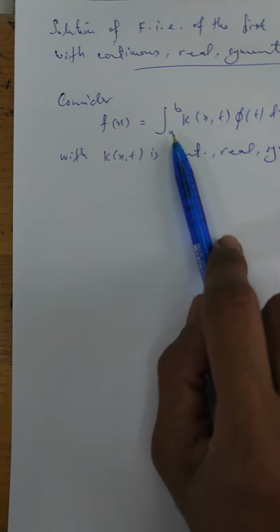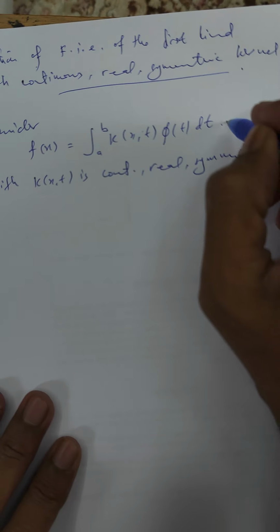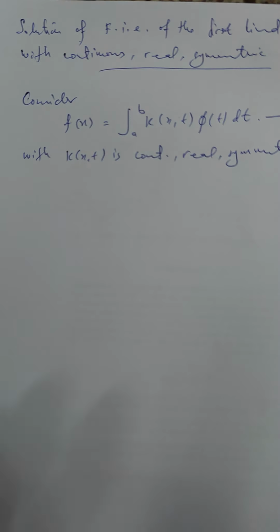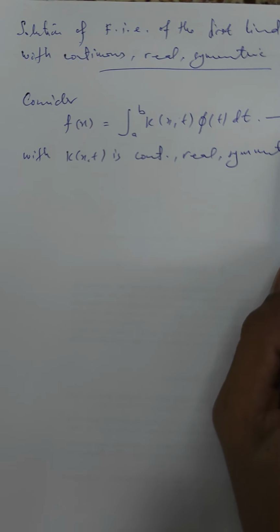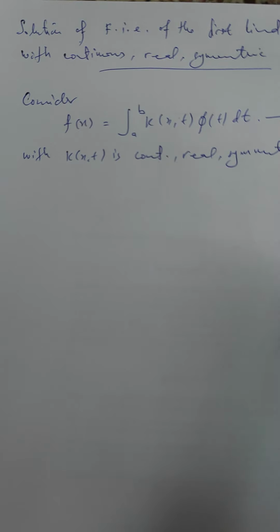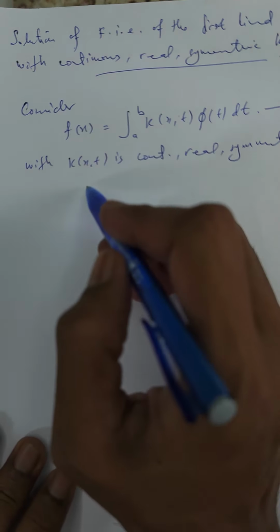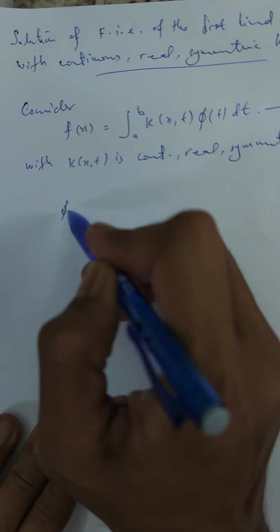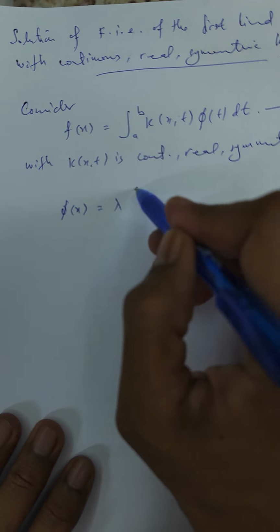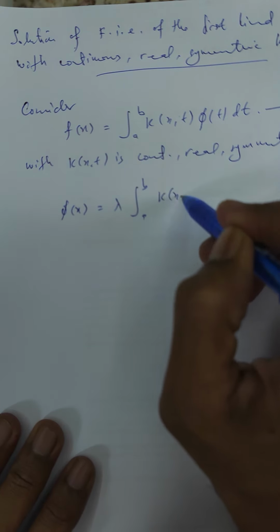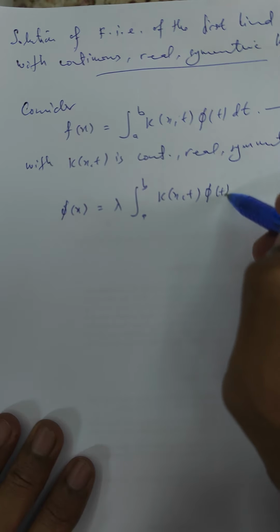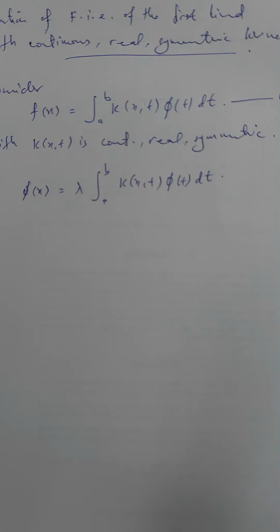Let me call this equation number 1. This equation number 1 has no continuous solution unless f(x) is expressed as a linear combination of the eigenfunctions corresponding to the associated homogeneous Fredholm integral equation of the second kind, given as f(x) equals lambda times the integral from a to b of k(x,t) phi(t) dt.